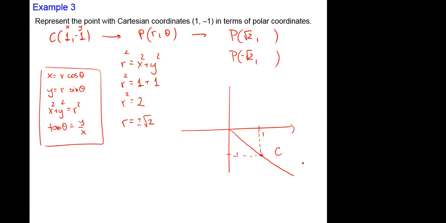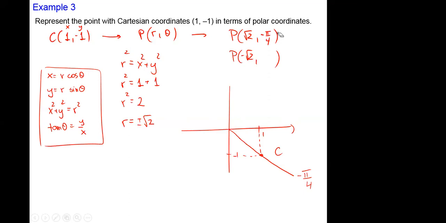It's the multiple of 45, which, yes, I'm happy to write as negative pi over 4, the clockwise direction. And done. We do have one representation.